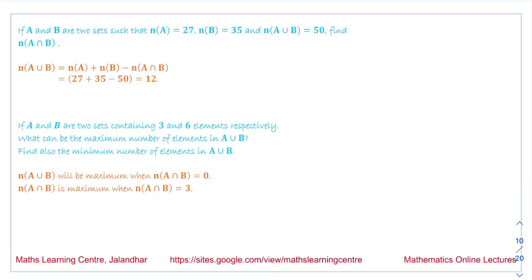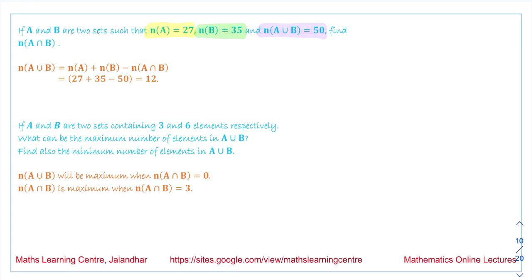It is given that A and B are two sets such that the number of elements in A is 27, the number of elements in B is 35, and the number of elements in A union B is 50.